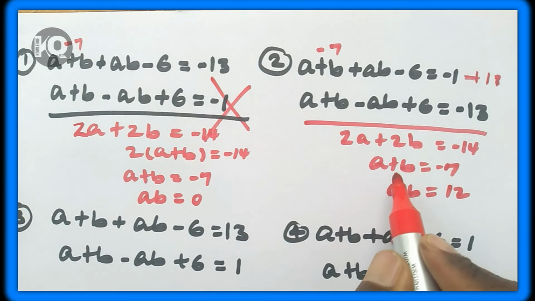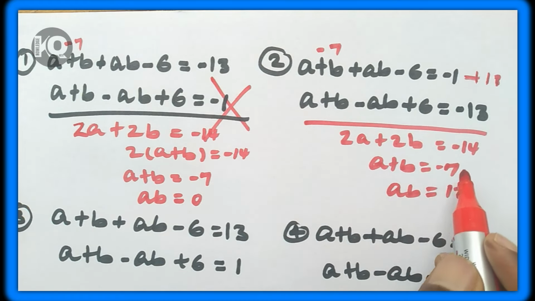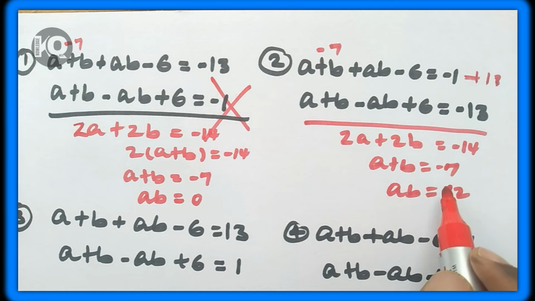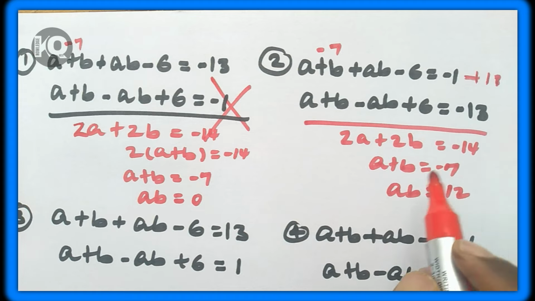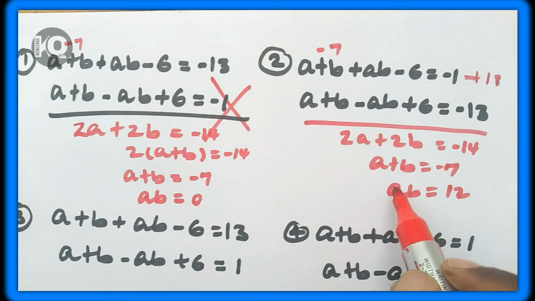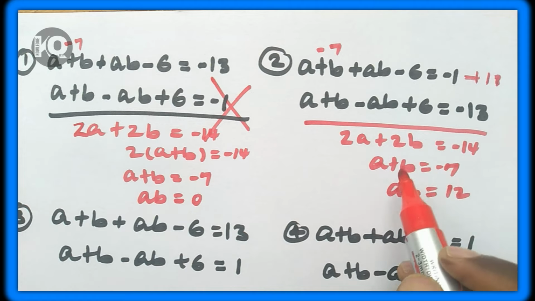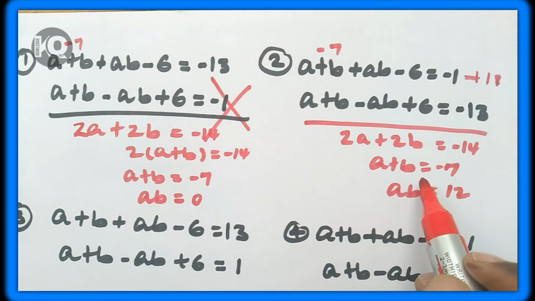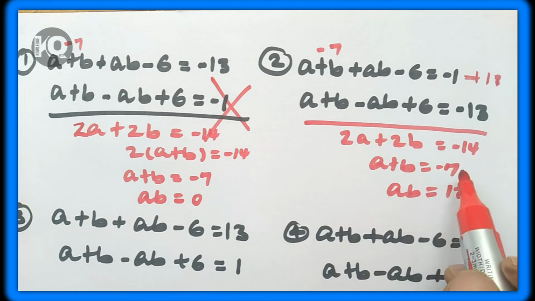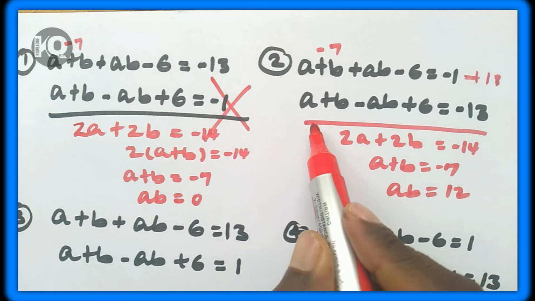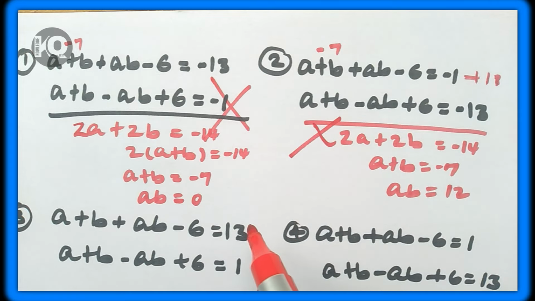But also we have a negative integer, so finding numbers whose product is 12 and whose sum is minus 7, a and b have negative values, so it cannot be a solution either.